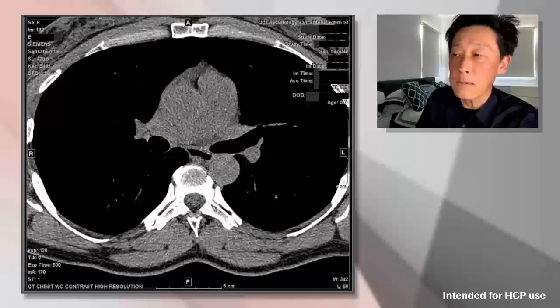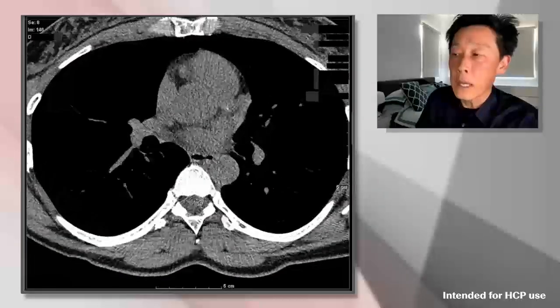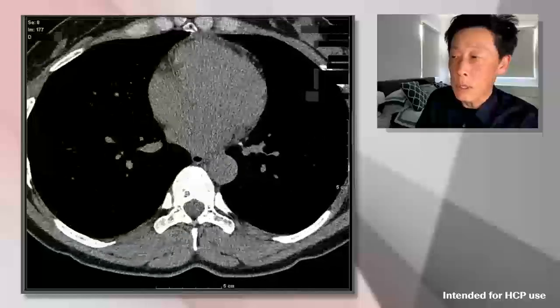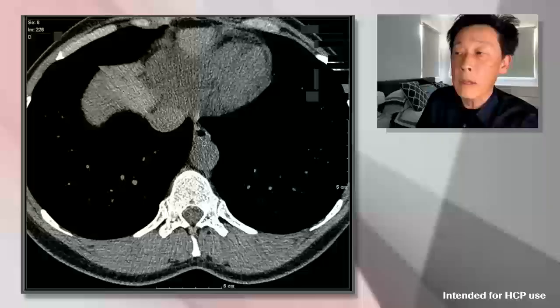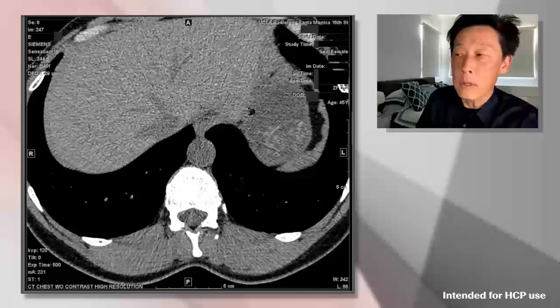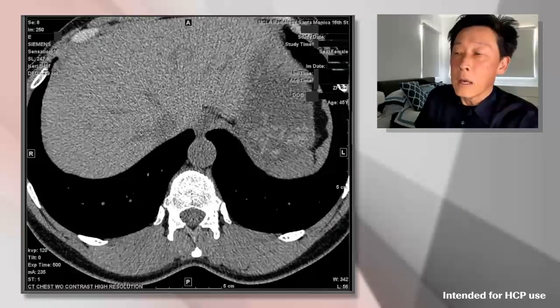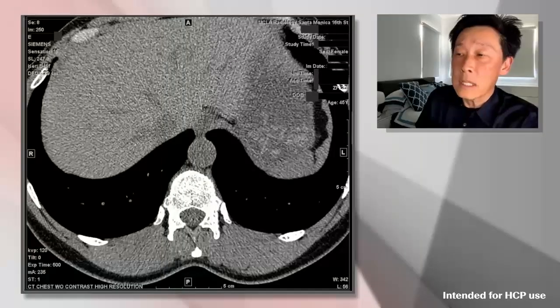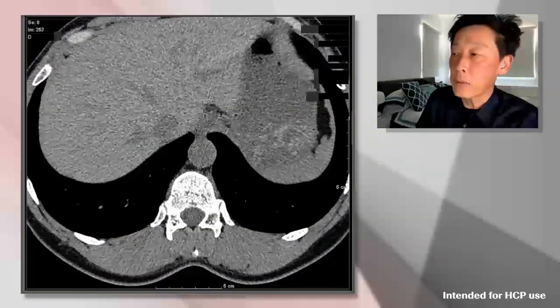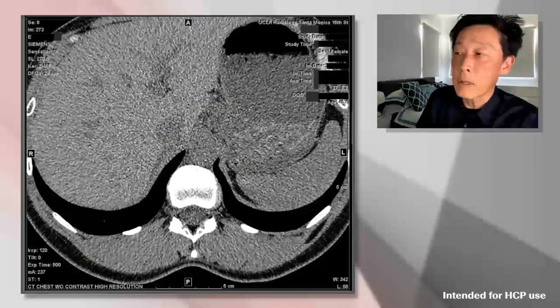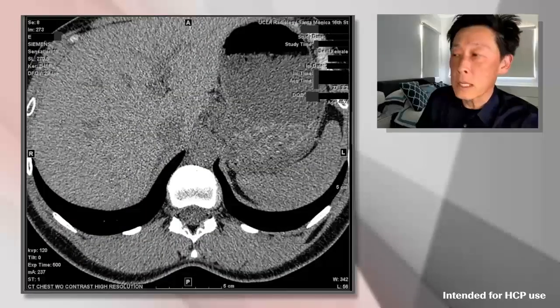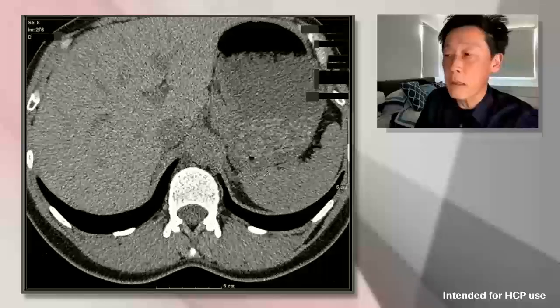And again, here's the esophagus here, and we're following that, and it travels just through the entire chest, through the esophageal hiatus, and then into the stomach. This large organ that we see here at the base of the chest is the liver, and on the left we have the spleen. And again, this is food, secretions, and air within the stomach.